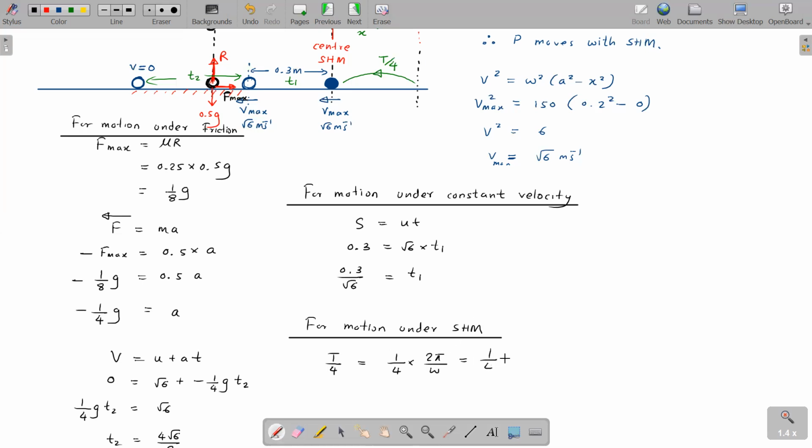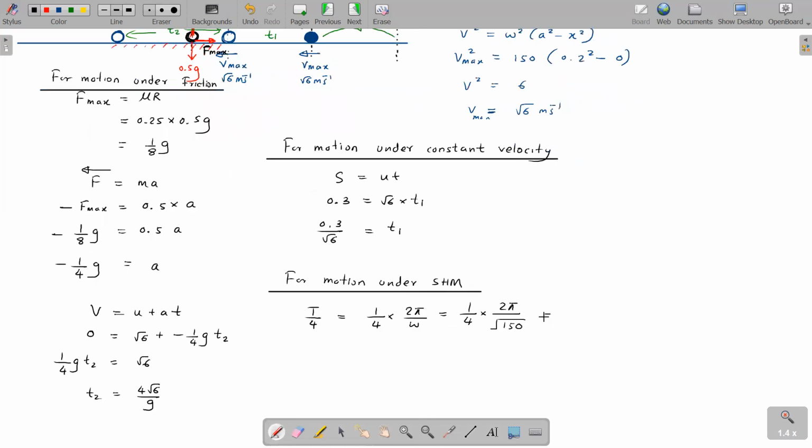So 1/4 of 2 pi over omega. The omega value is root 150, right? So that gives pi over 2 root 150. I cut the 2 and 4: 2 times 1, 2 times 2, pi over 2 root 150.